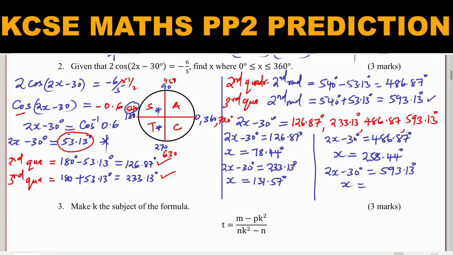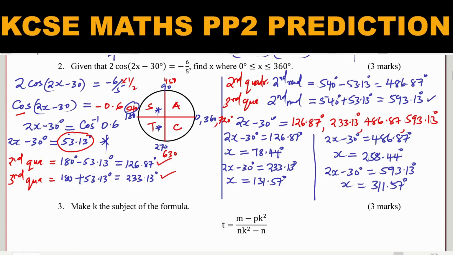So here x will be given by 593.13, we add 30, and then you divide by 2. That will give 311.56, or 311.57 degrees. If we go to the third round, probably we are going to exceed the range, that is 360.